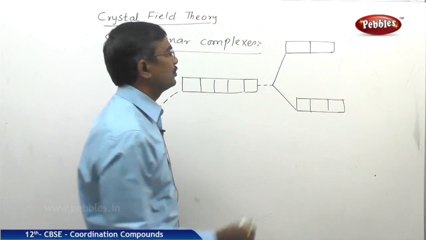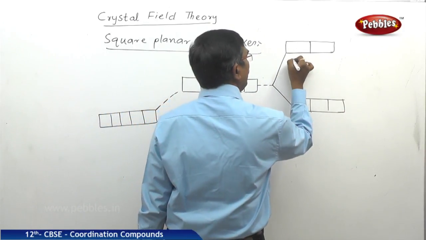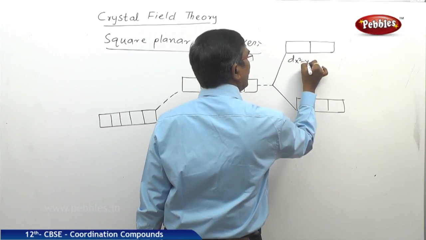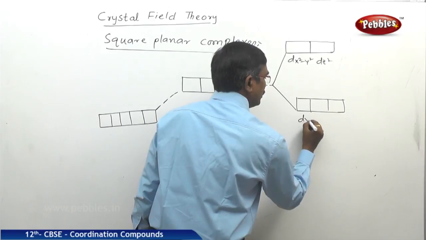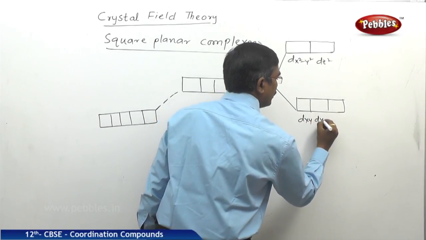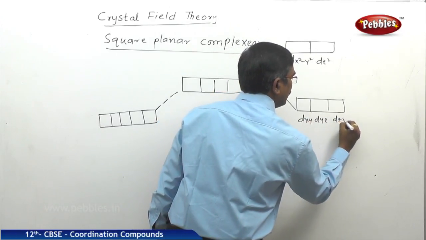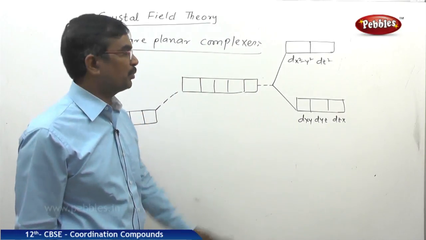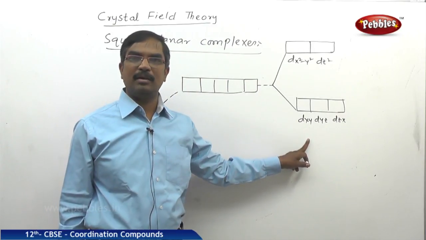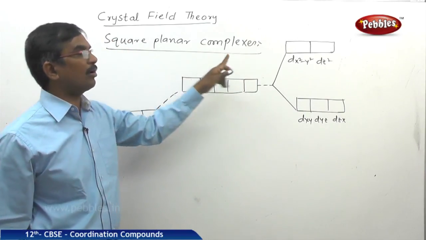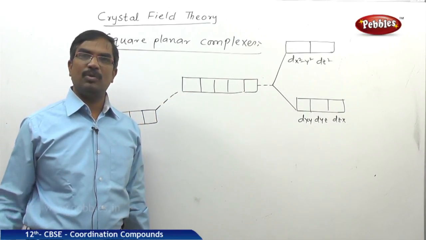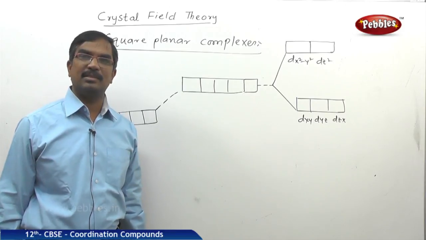So this is dx square minus y square, dz square. This is dxy, dyz, dzx. Up to here this is octahedral splitting. But in order to understand the square planar complexes, just remove one ligand along the z-axis.